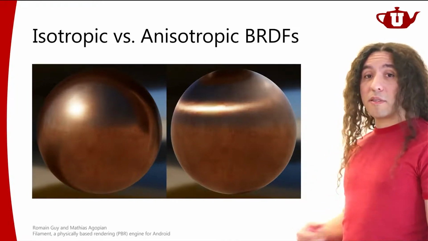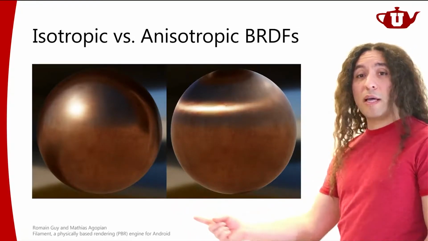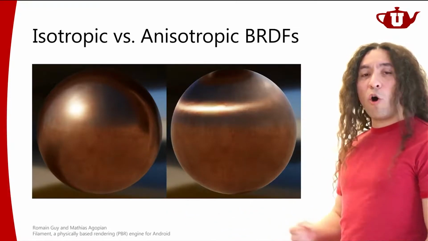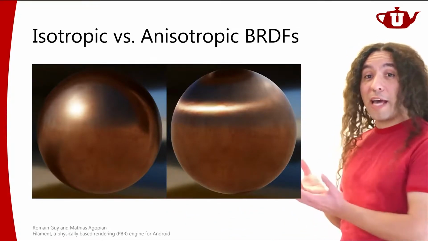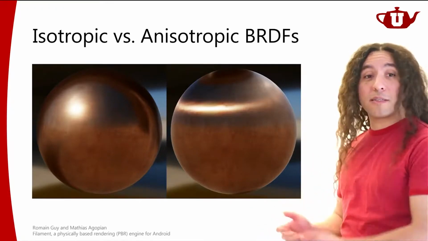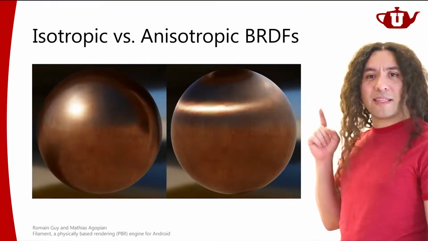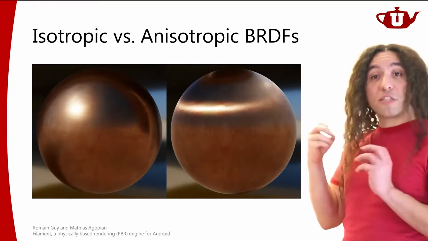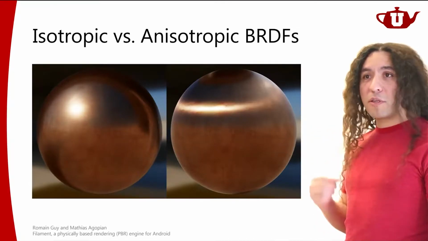Some materials look isotropic, like this example over here, and some look very anisotropic. It's almost like the specular term changes as you take the object and rotate it. Some materials will be anisotropic, and the specular highlight on that surface will change its shape accordingly because of this anisotropy.